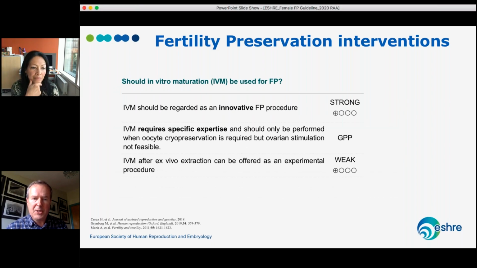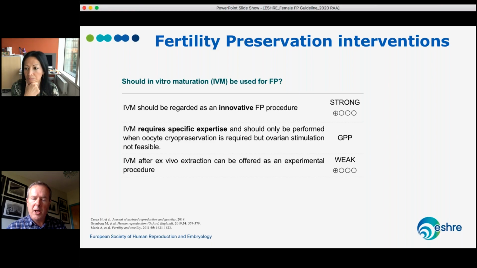In vitro maturation of oocytes is now becoming more established. We felt at the moment it should be regarded as an innovative procedure, and there are now live births from that in a range of different diagnoses relating to fertility preservation.